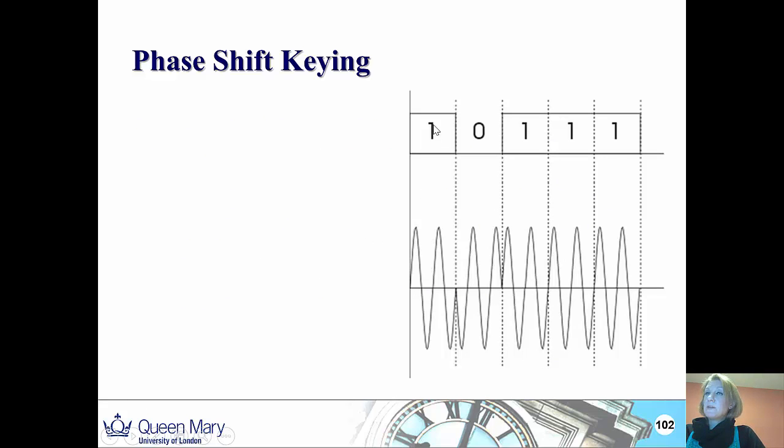Just to represent that again, whenever we're sending the binary 1 and then the binary 0, we can see this shift in the phase here. Whenever we're sending the binary 1 again, we can see the shift in the phase. So it's that shift in the phase which signals that we're sending a different data value.